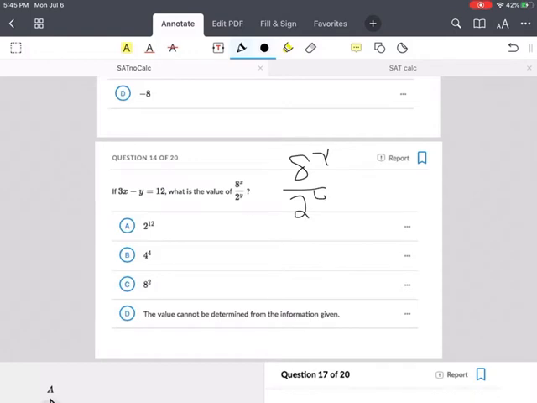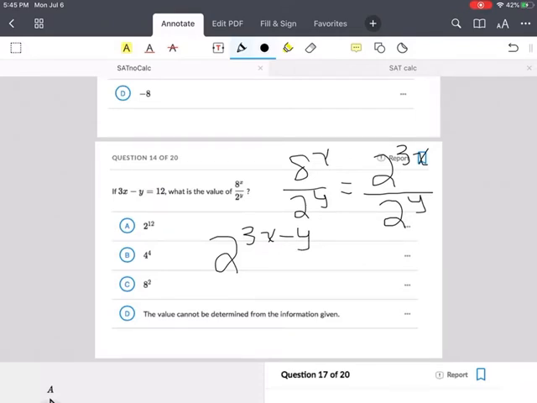That's the same thing as saying 2 to the 3x over 2 to the y. The reason we can say that is because 2 to the third power is 8, so 8 to the x is the same as 2 to the 3x. That's going to be the same thing as 2 to the 3x minus y.